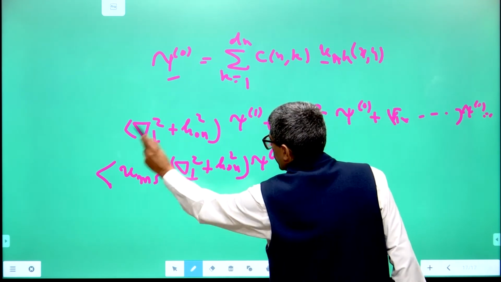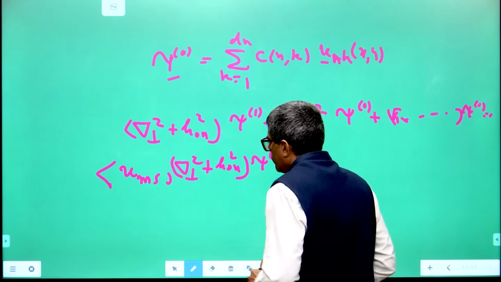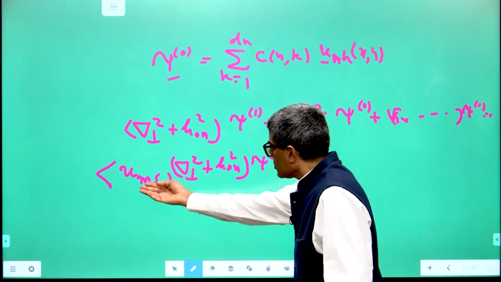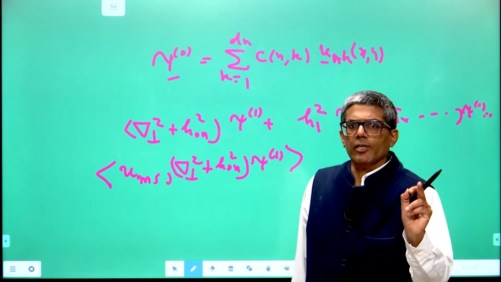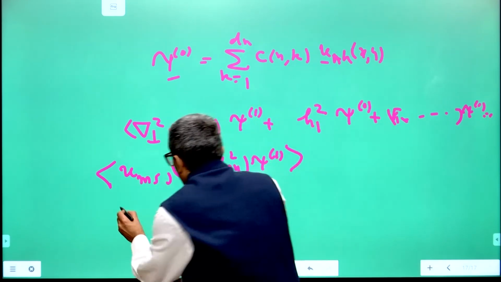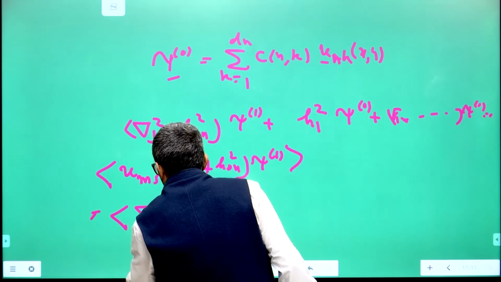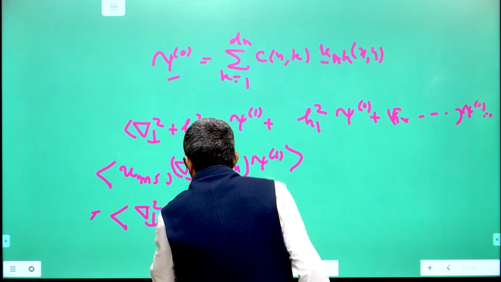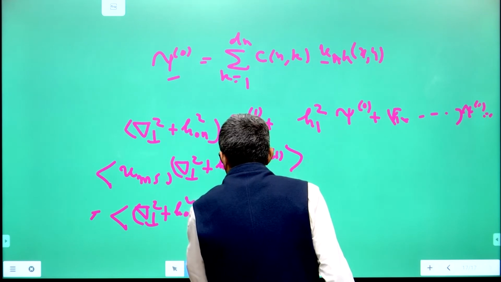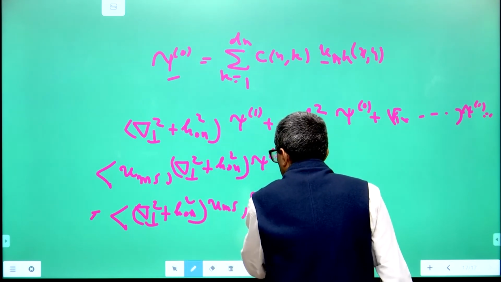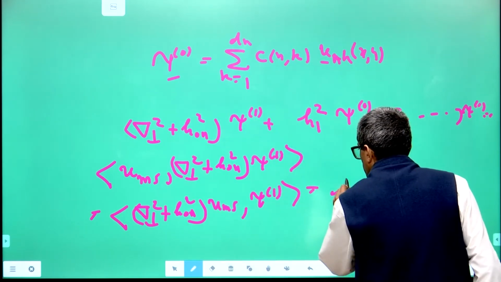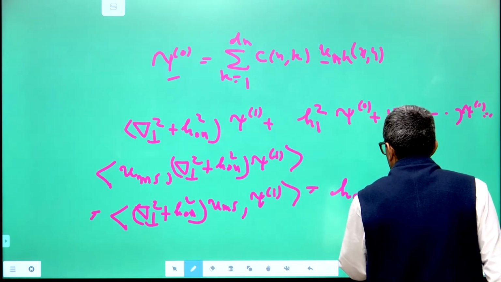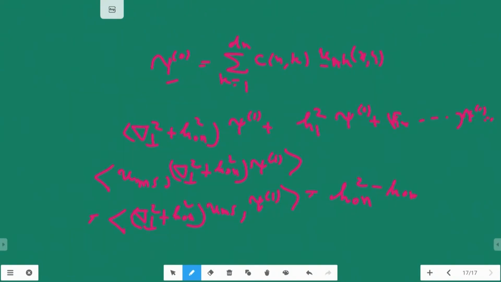Since it is a Hermitian operator, provided you impose the same boundary conditions on all these functions, namely that the first component vanishes on the boundary and the normal derivative of the second component vanishes on the boundary, the operator will come to this side. This will be equal to del perpendicular square plus h0n square acting on ums comma psi 1, and ums has an eigenvalue of minus h0m square. So this will give you simply h0n square minus h0m square multiplied by ums comma psi 1.